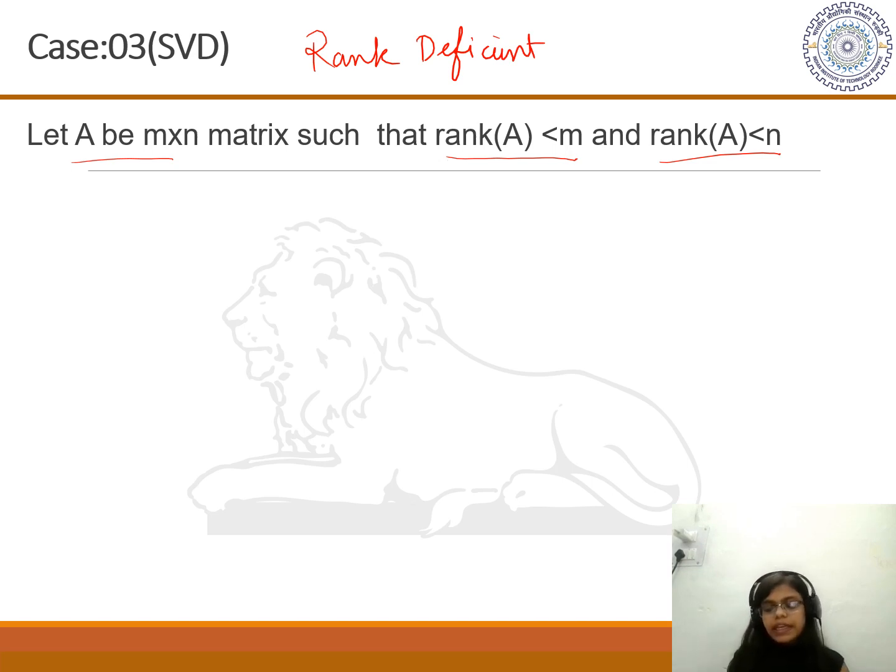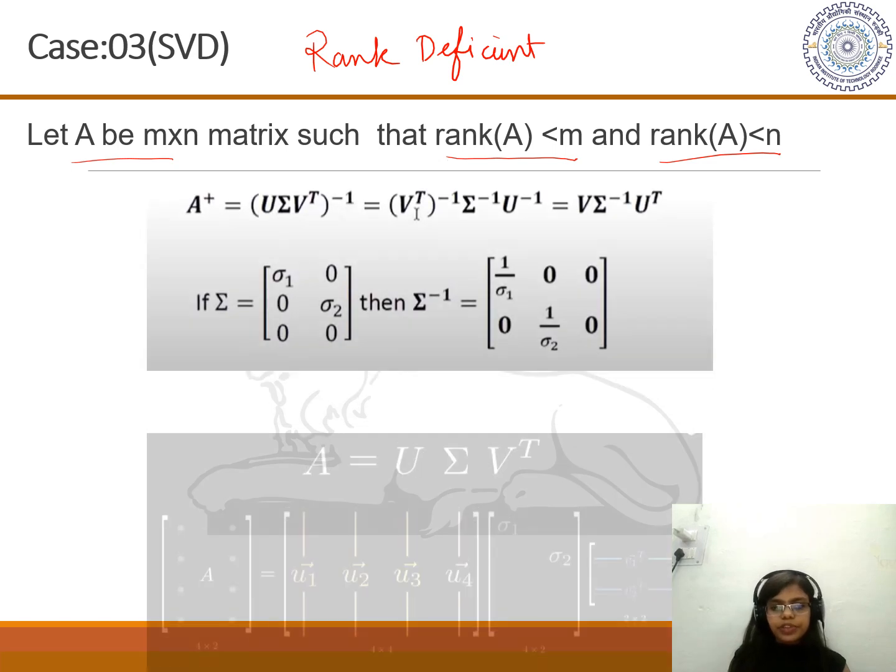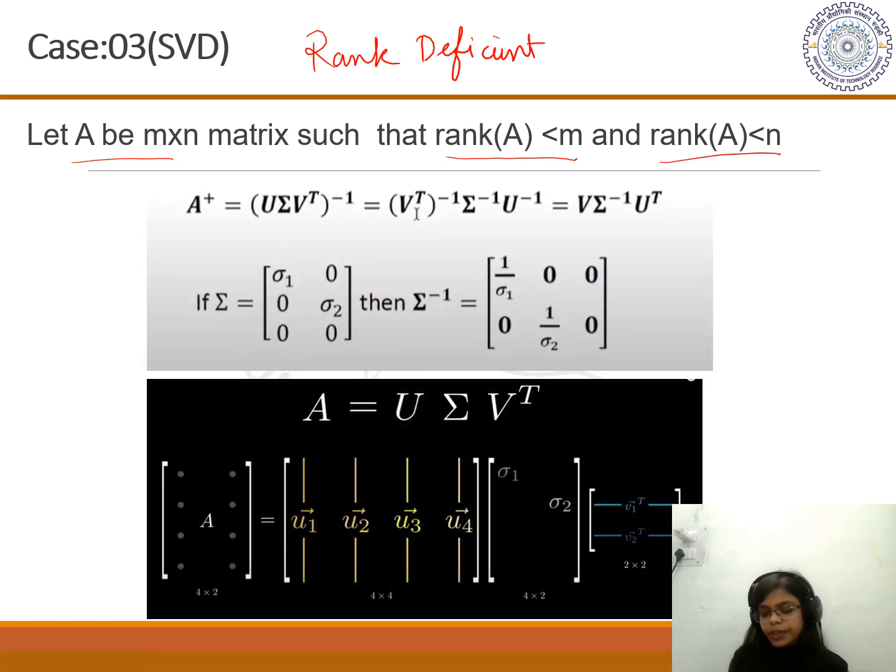So in this case, we take help of singular value decomposition to define the pseudo inverse. Just for a recap, in singular value decomposition, we decompose the matrix A into three components. First one is U, that is an orthogonal matrix. Second one is sigma, that is a diagonal matrix, and third one is V transpose, that is also an orthogonal matrix.